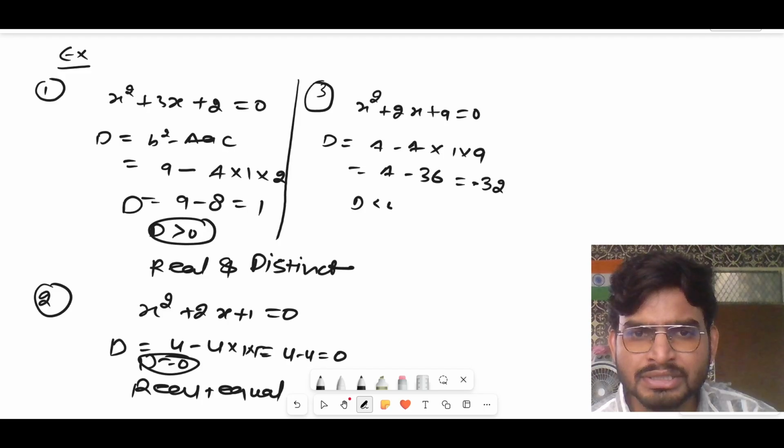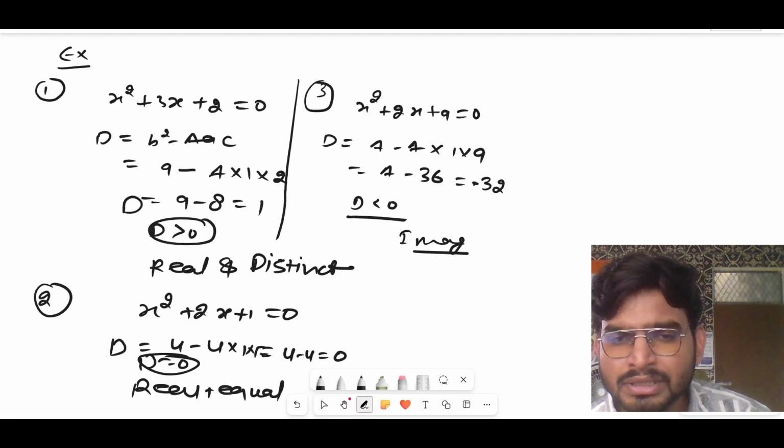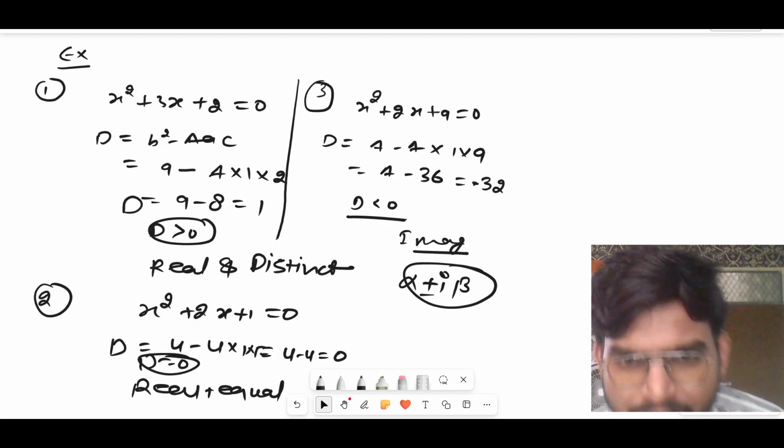So here D is negative, which means the roots will be imaginary. Imaginary means the roots will be in the form of alpha plus minus iota beta. This type of roots we will get.